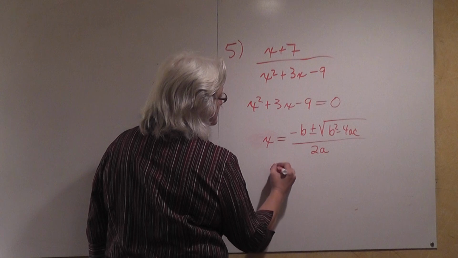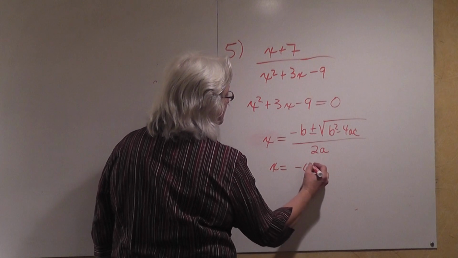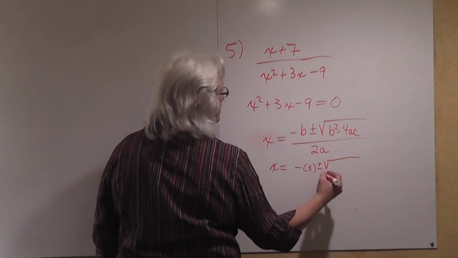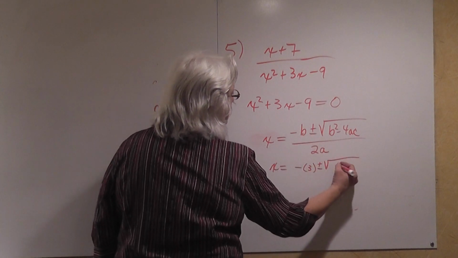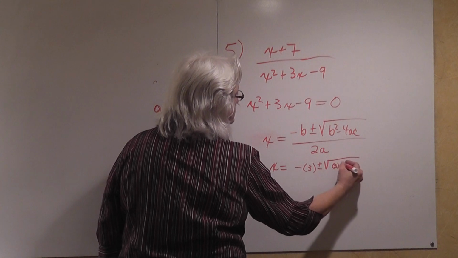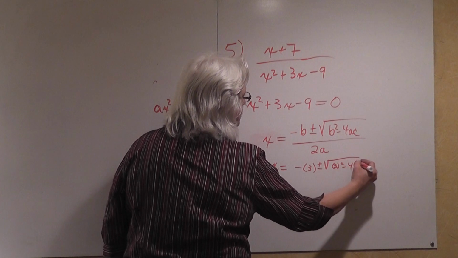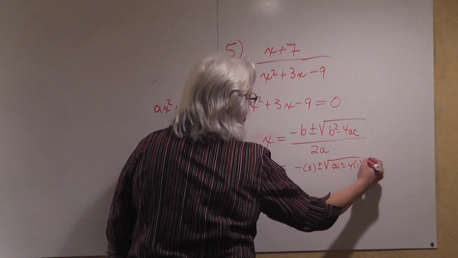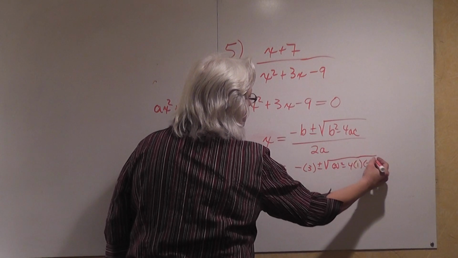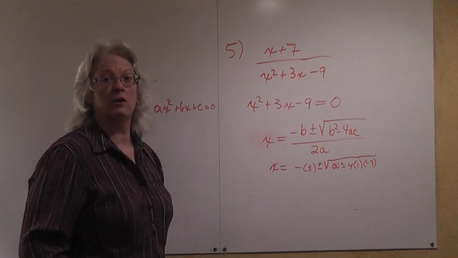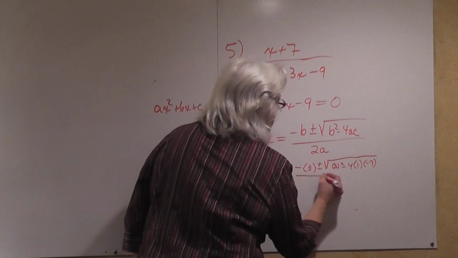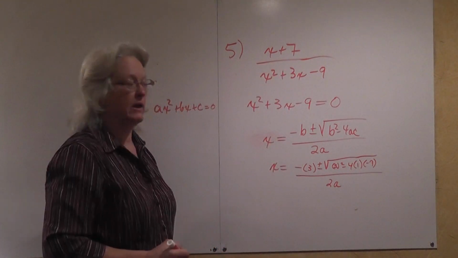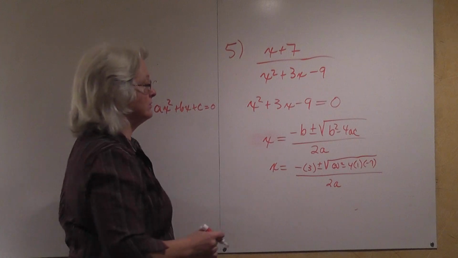We have x is equal to the opposite of 3 plus or minus the square root of 3 squared minus 4 times 1 times a negative 9, all of this divided by 2a. And I should go ahead and put in 2 times 1.